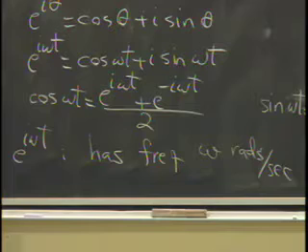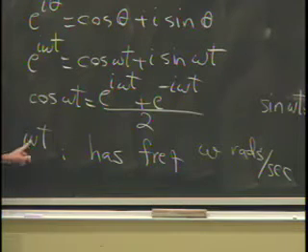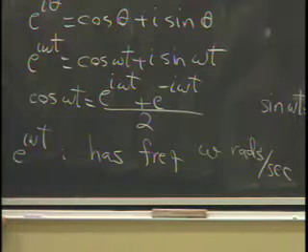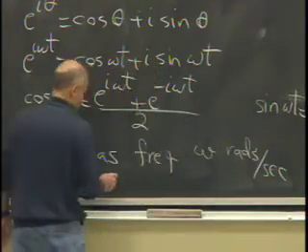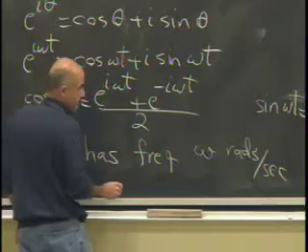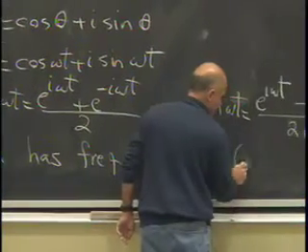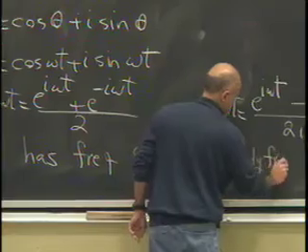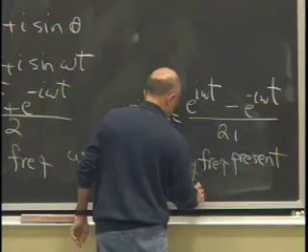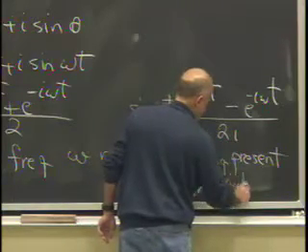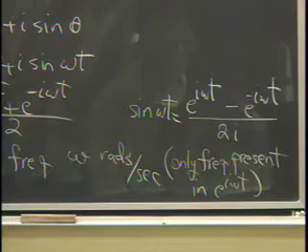It's simply going around the unit circle at the rate omega radians per second. And I should say here, it's the only frequency present in e to the i omega t. Okay, so e to the i omega t is the prototypical representation of a single frequency function.